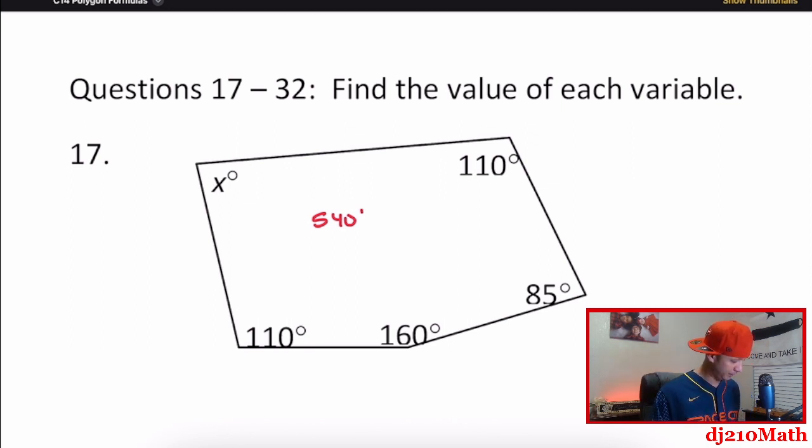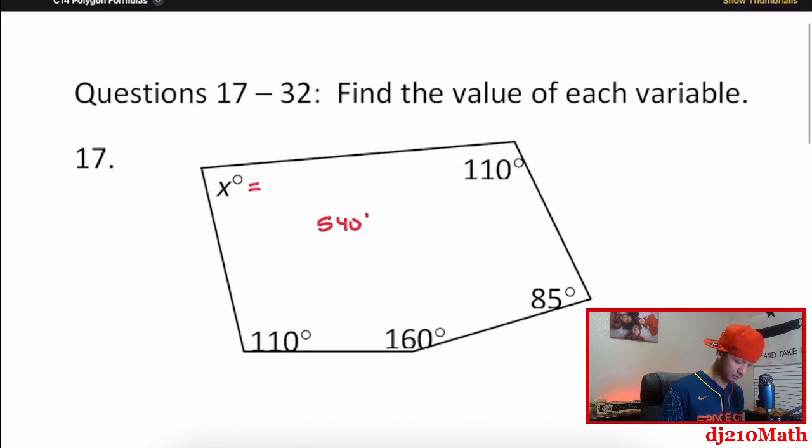If I know 4, I can always figure out the fifth by subtracting 110, 110, 160, 85. X is equal to 75 degrees.